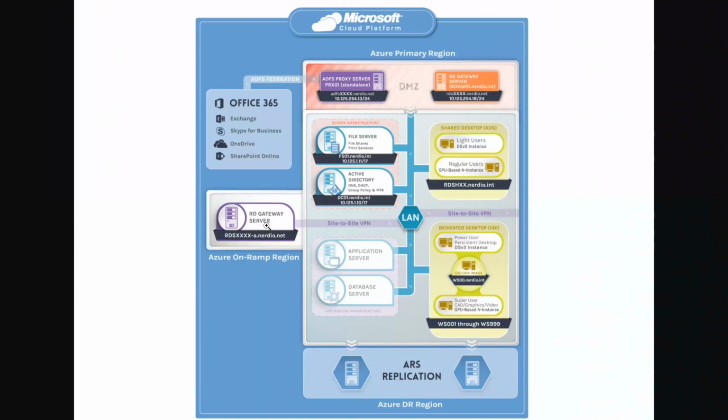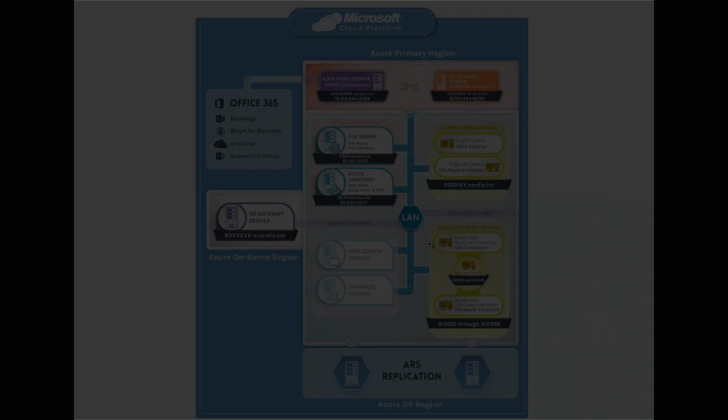However, depending on how chatty that desktop is to whatever applications or databases are on the LAN, you now have data that's leaving this region over the VPN, coming into this on-ramp region to the desktop. Whereas if the desktop was right here, this would all be within the same region, and there would be no bandwidth cost for that data transfer.